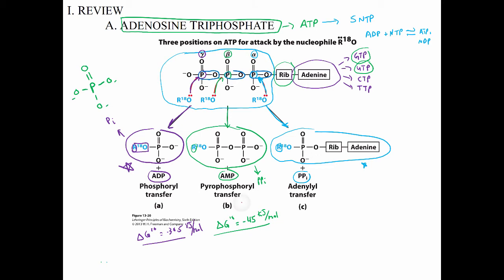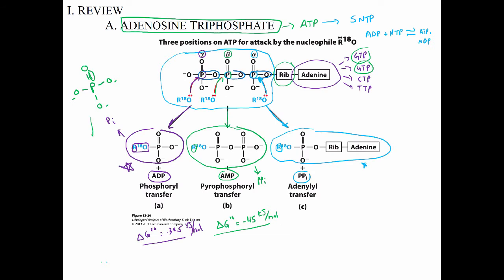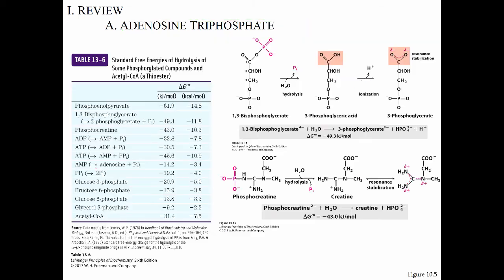In reality, though, that double bond exists in a resonance stabilized form, so the more accurate depiction of this would be like this. And your book discusses this as well.